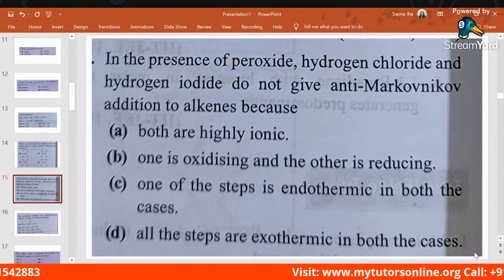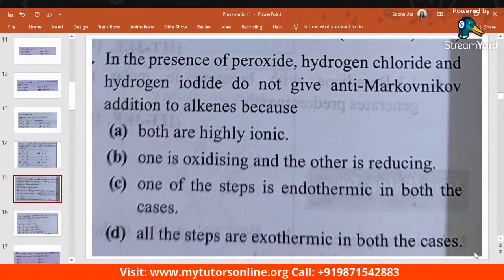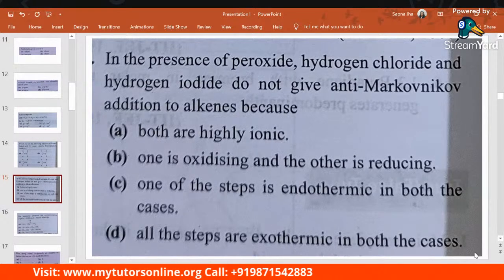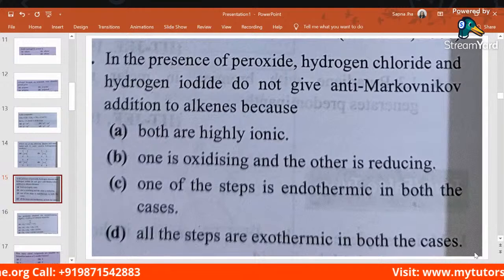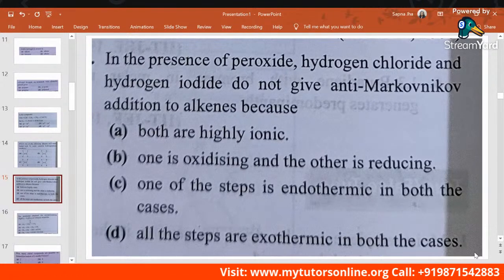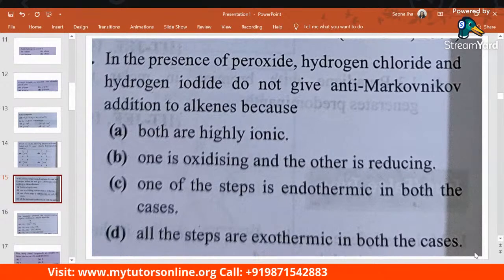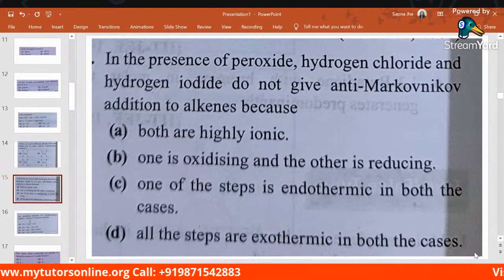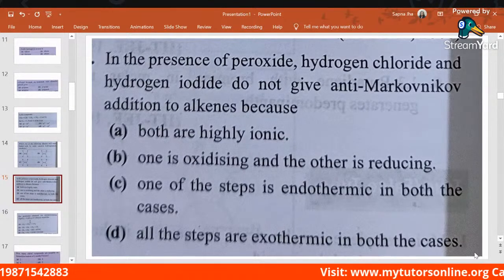So what is the correct option to find out why hydrogen chloride and hydrogen iodide do not give the anti-Markovnikov addition to alkenes in the presence of peroxide? This effect is very well known as the peroxide effect.